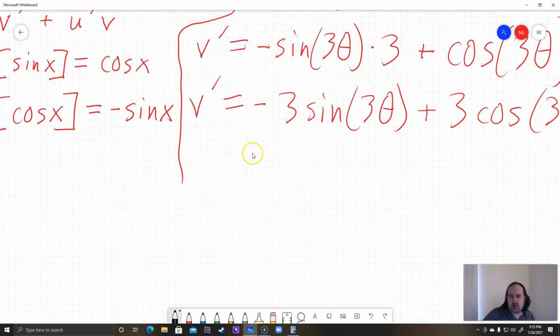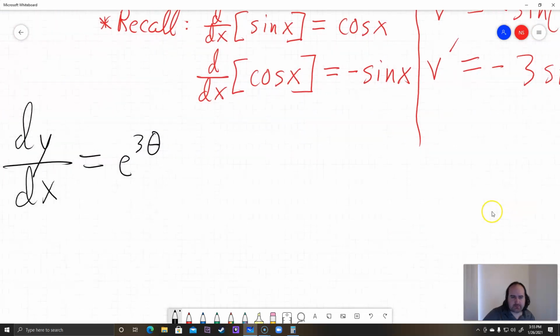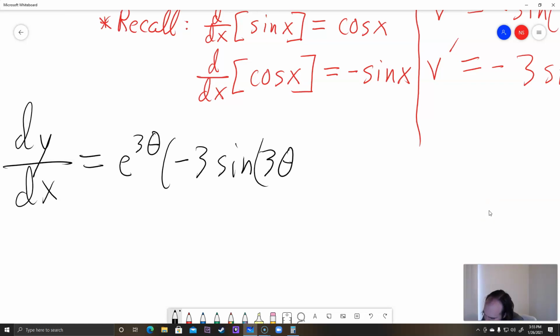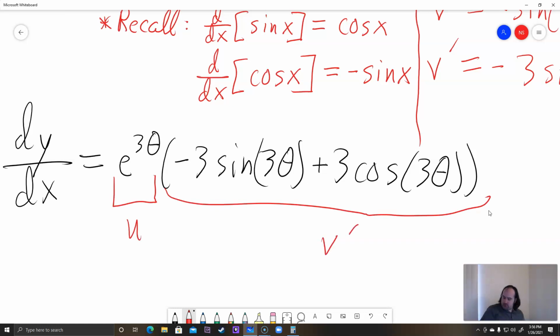V prime we just calculated was this whole thing here: negative 3 sine of 3 theta plus 3 cosine of 3 theta. So that right there is our u and our v prime. Okay, so that's uv prime.